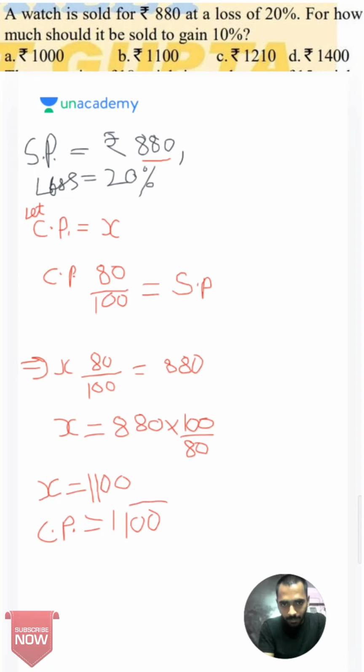So here we are with our cost price. It is not our answer, it is our cost price, on which we have to find the 10% gain. So after finding this CP, meaning cost price, come to the question, and the second point in the question: for how much should it be sold to gain 10%.